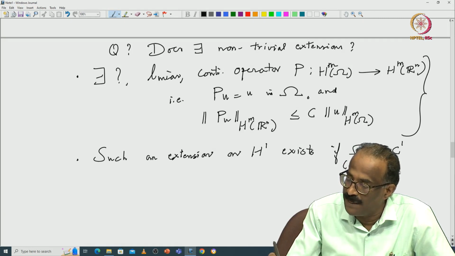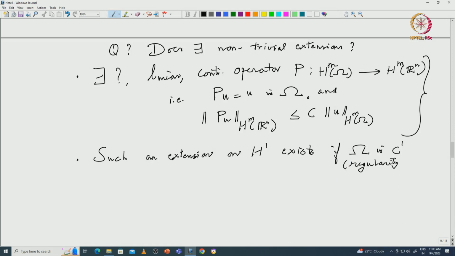I will briefly describe you again. Regularity on d omega or omega, does not matter, regularity means inside it is always regular. So, the regularity of a domain means regularity of the boundary. For H^m we may need omega to be of class C^m.